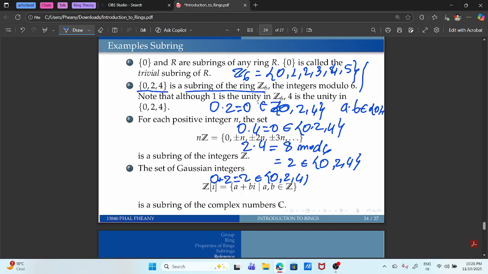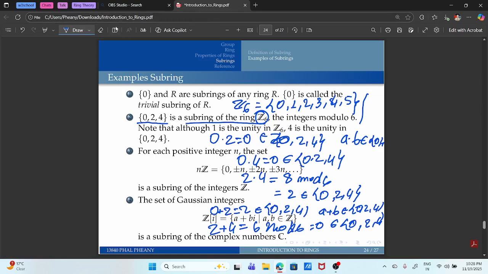And suppose we have 2 plus 4 equals 6, modulo 6 equals 0. 0 belongs to {0, 2, 4}. So A plus B also belongs to the subset. That means {0, 2, 4} satisfies the two conditions to be a subring of Z6. So it is a subring. Note that, let me clear this.